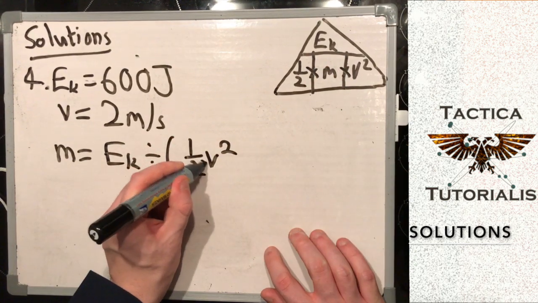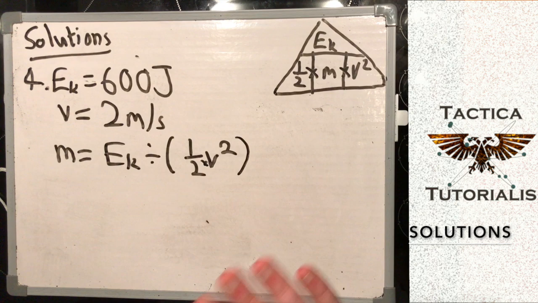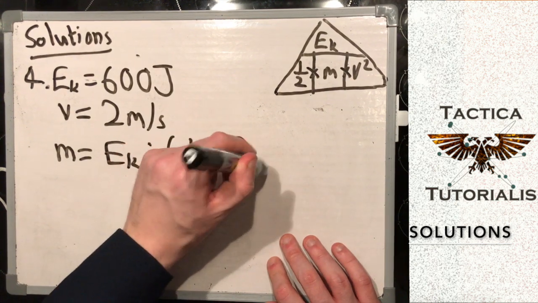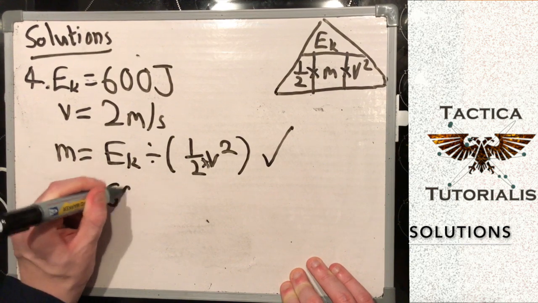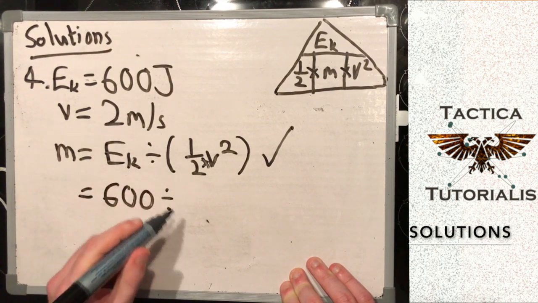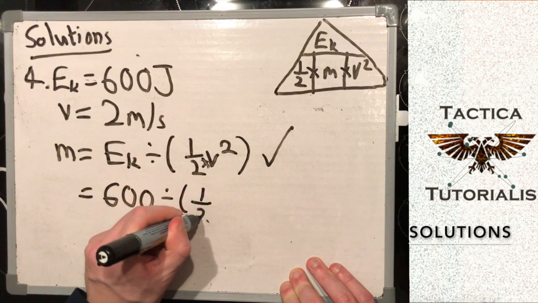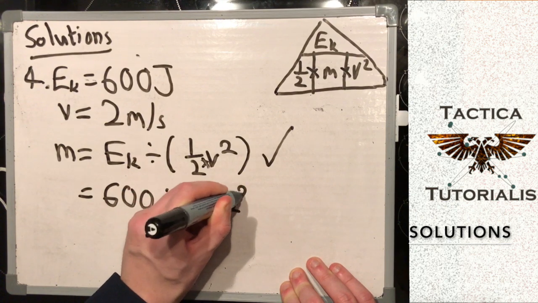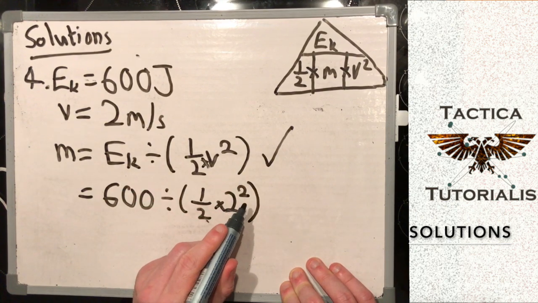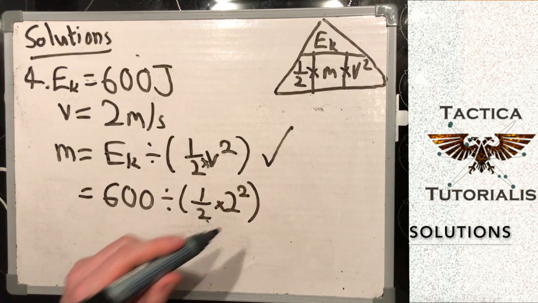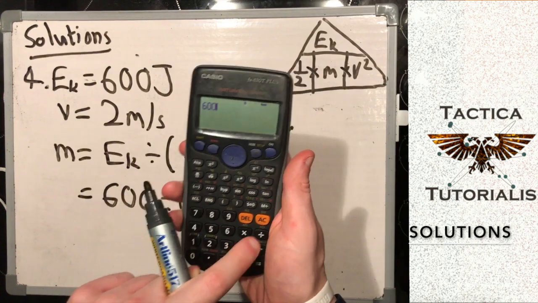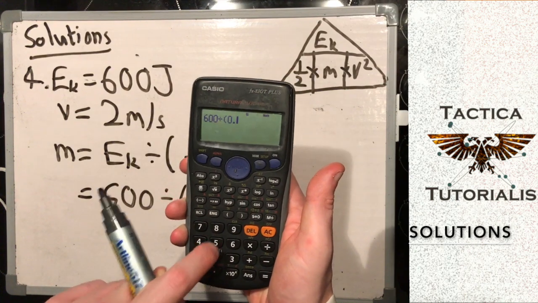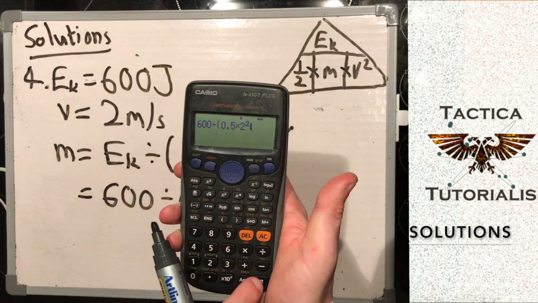So that is the equation you had to use, point. Then we need to plug the numbers in, equals 600 divided by a half times 2 squared. Make sure to square the 2. It could be easy to forget to do that. Point. Stick the numbers in. 600 divided by 0.5 times 2 squared.